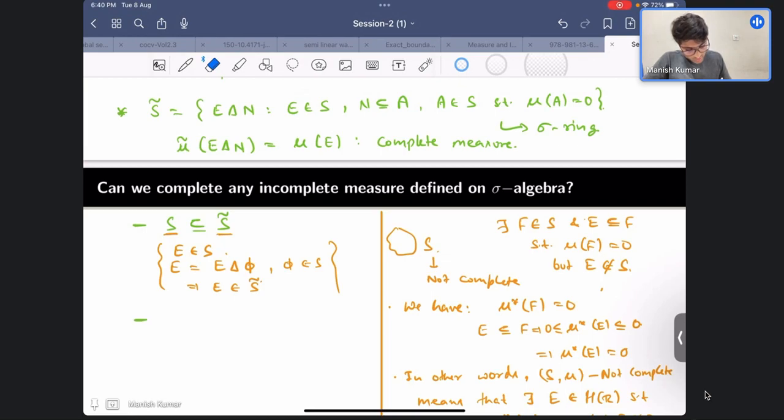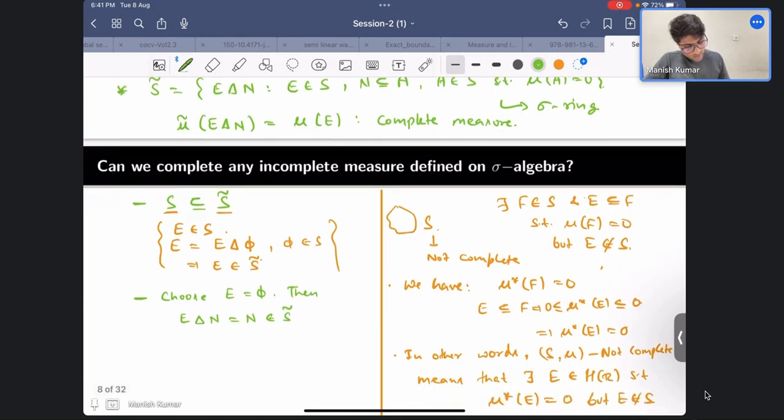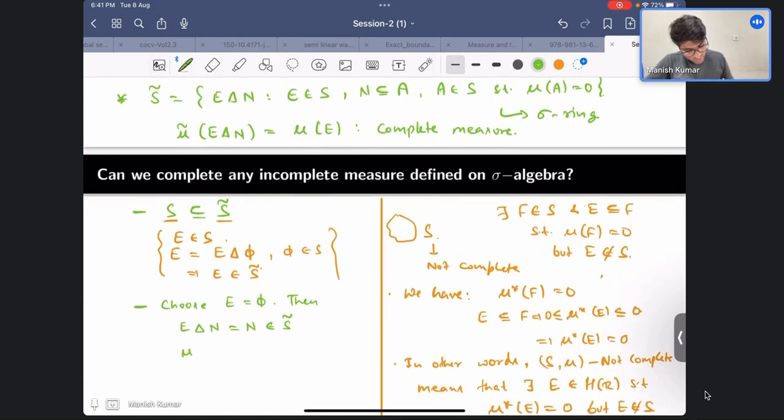So if you now choose E equal to phi, then E symmetric difference with N is nothing but N, and this N belongs to S tilde. And if you notice, mu tilde of E symmetric difference N is equal to mu of E, which is mu of phi, which is 0.